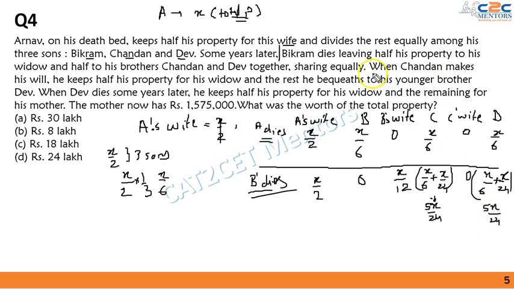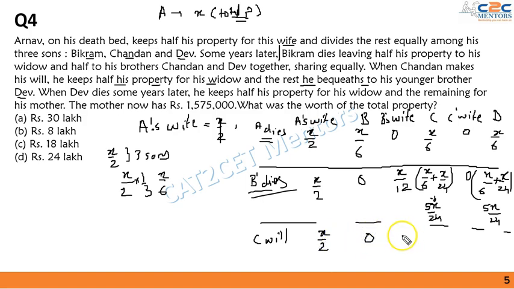Moving on, we are given that Chandan makes his will and he keeps half of his property for his widow and the rest he bequeaths to his younger brother Dev. Okay, now Chandan's property is split equally amongst Chandan's wife and Dev. Now C's will. This is the scenario number 3. Now nothing changes over here.